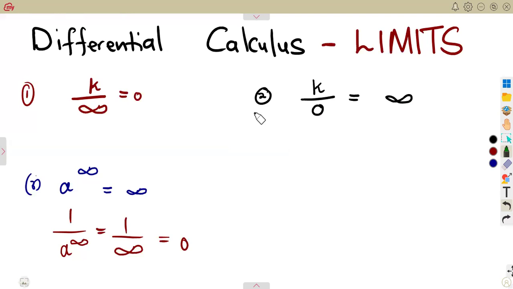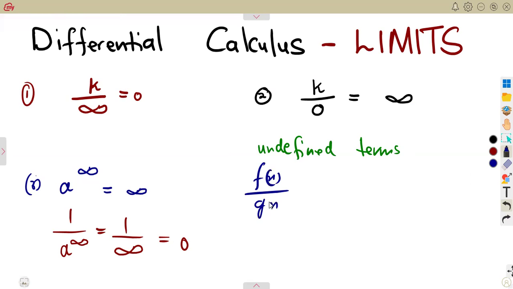Then we also need to consider what is referred to as undefined terms. Let us say you are given a certain function f of x over g of x.